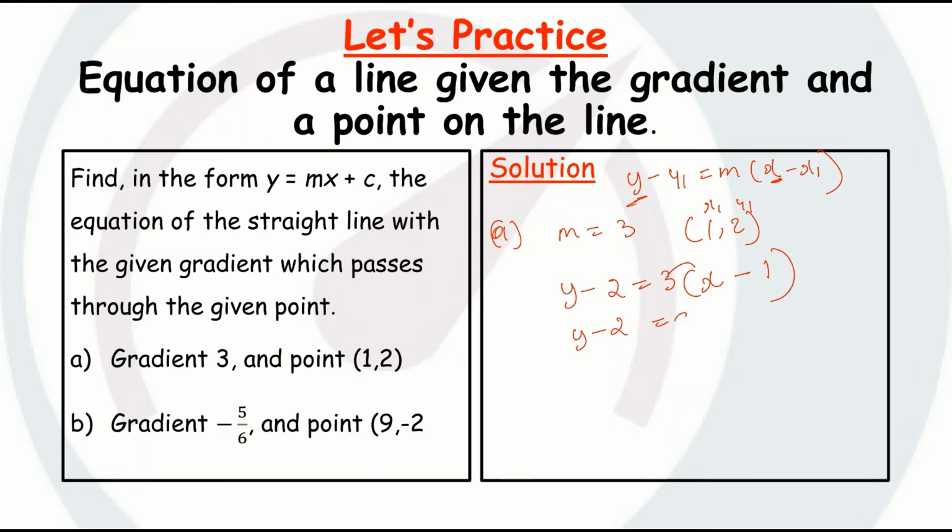So we have 3x, and 3 times negative 1 gives me negative 3. Going to go ahead and group our like terms. So we have y is equal to 3x minus 3 plus 2. So then y is equal to 3x minus 1. And you see that we get the same equation as when we did it before, using only the slope intercept form.